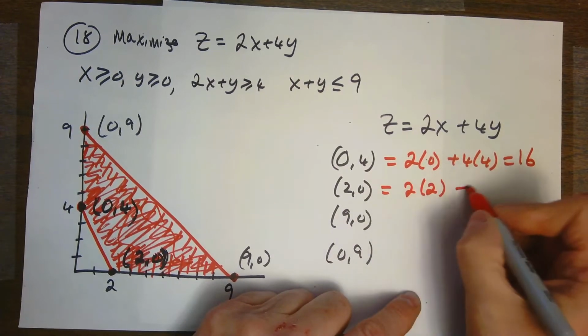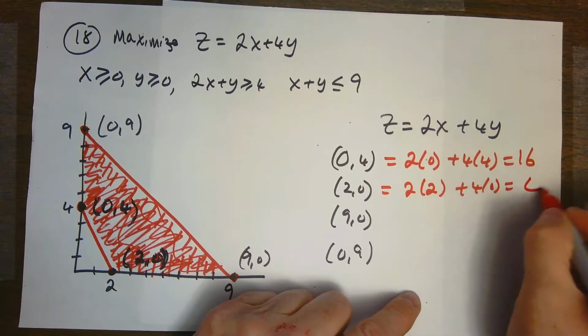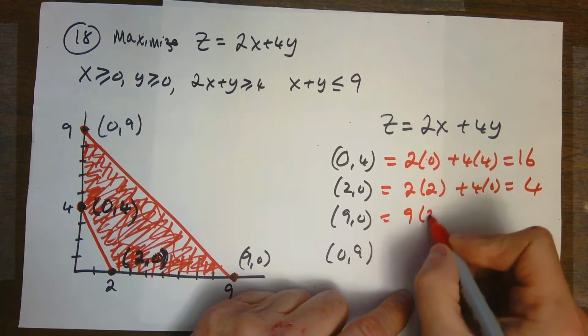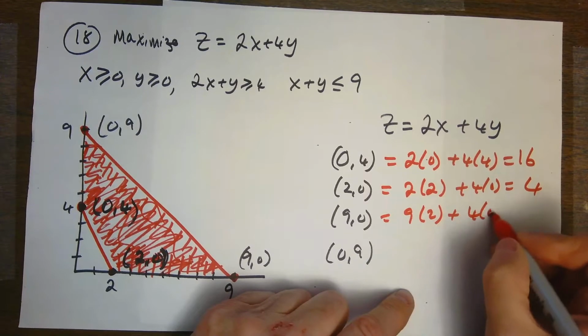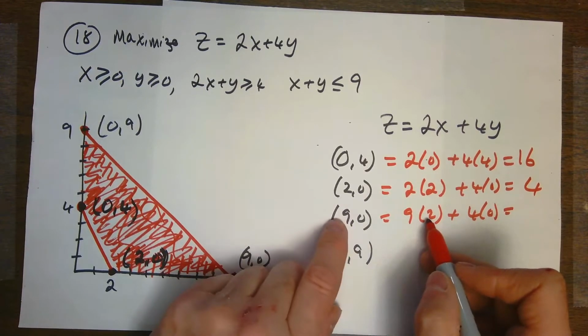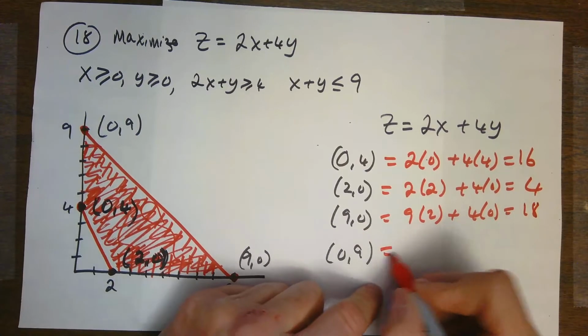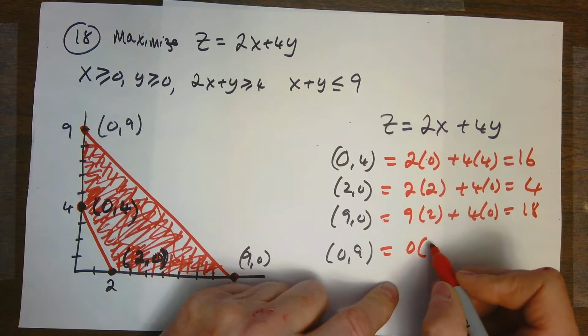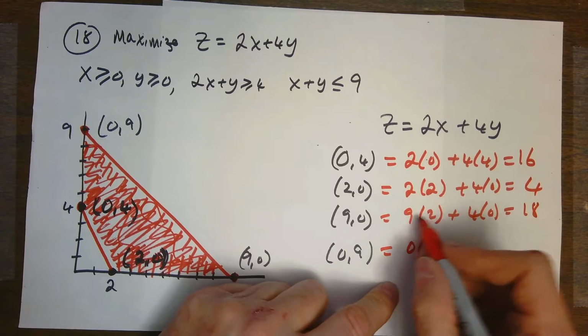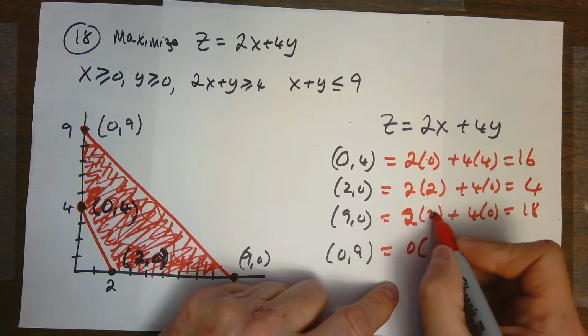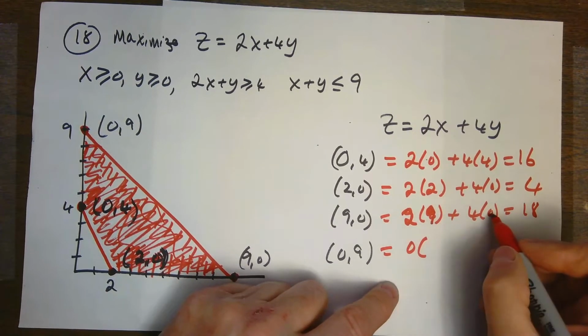2 times 2 plus 4 times 0 is 4. 9 times 2 plus 4 times 0. Notice I'm plugging the x value in for x, the y value in for y. 18. And 0 times, I got these backwards, didn't I? This is 2 times 9 and 4 times 0.